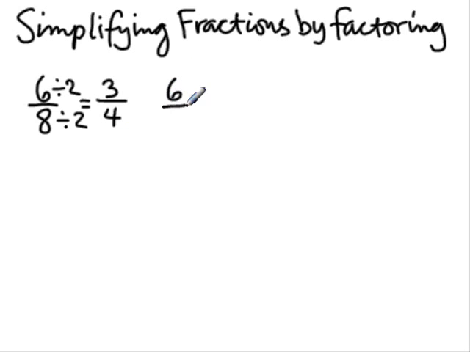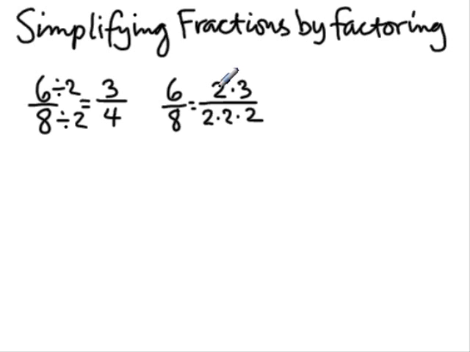Another way that we could simplify that is by factoring the two numbers. 6 is the same thing as 2 times 3, and 8 is 2 times 2 times 2.